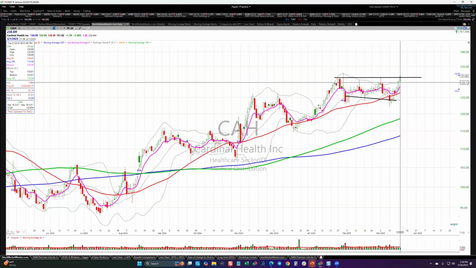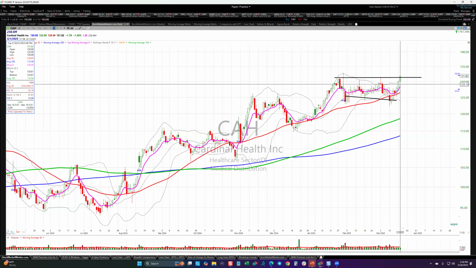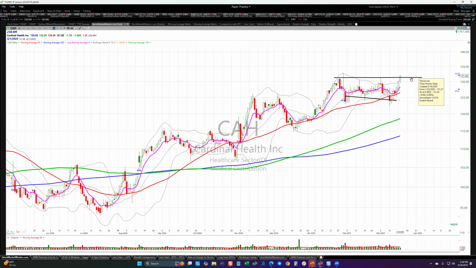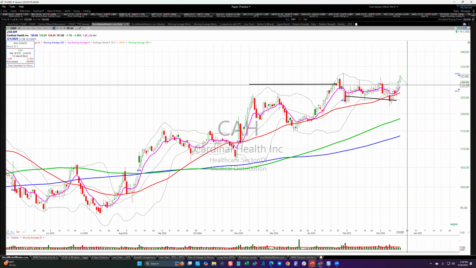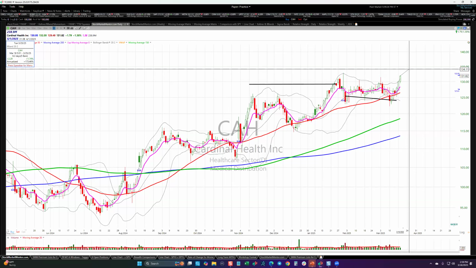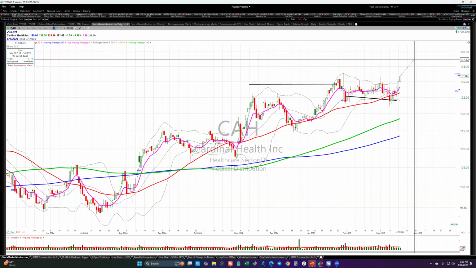Frankly, if the stock falls back below today's intraday low of 129.50 or 129.49. So I could be buying this stock tomorrow and looking at 130 as a logical support level after this broke out. I could keep a stop maybe at literally 2%, another small position to open up the trade. 2% to the downside, which would really mean that I need to be getting 4% to the upside, and that would take us to about 137.